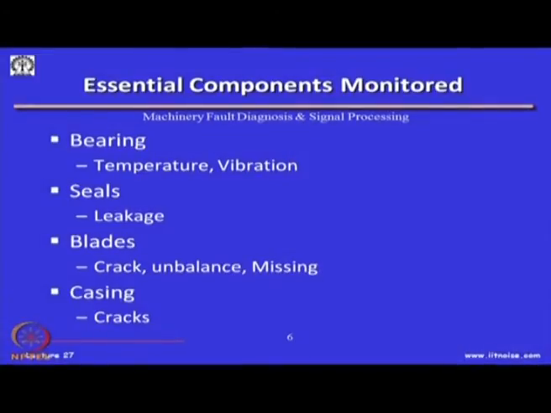So, what are the essential components which we can monitor in a compressor or even in a blower? Of course, the bearing, and bearing means bearing temperature and vibration.